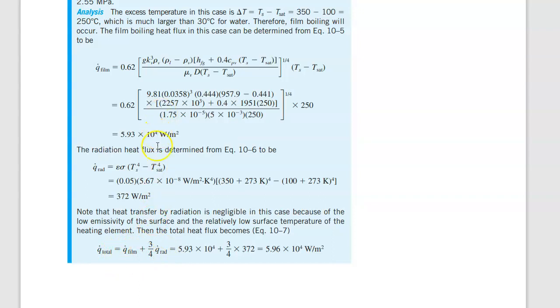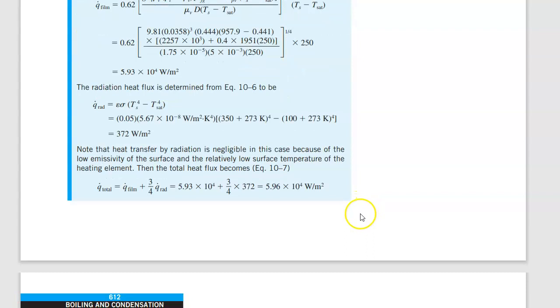You see, this is power of 4 already. This is hundreds only. So Q film plus 3 over 4 times Q radiation, which is equal to in total 5.69 times 10 to the power of 4, which is nearly equal to the above one. Okay, that's why they said here that radiation could be neglected.